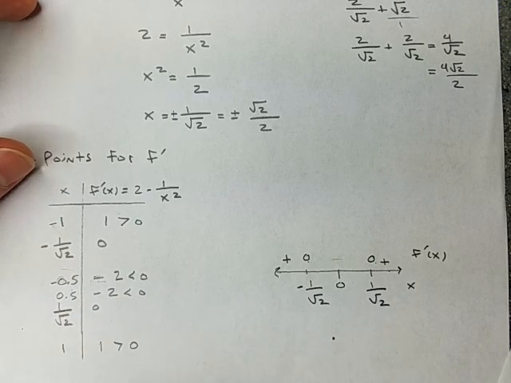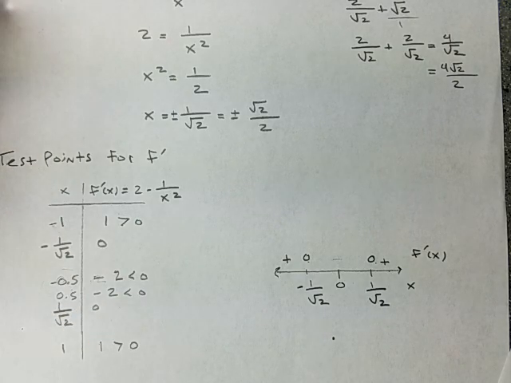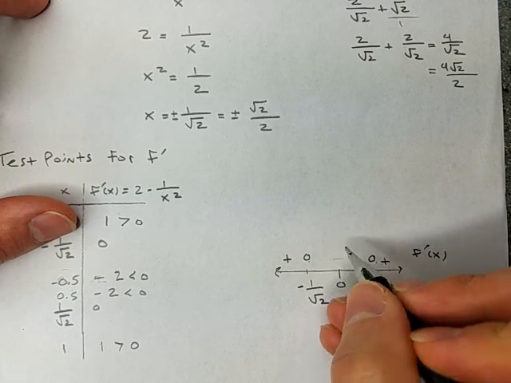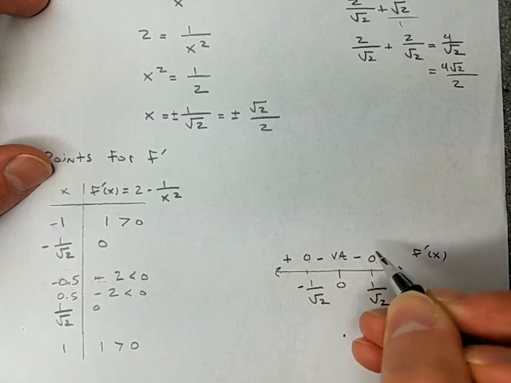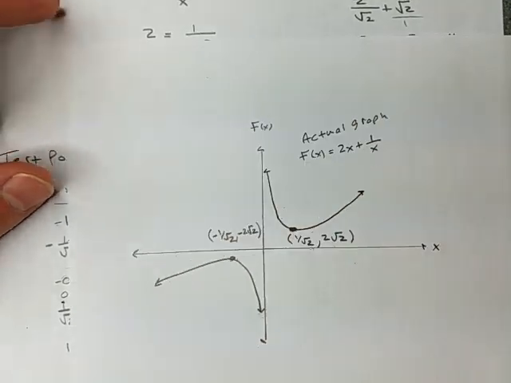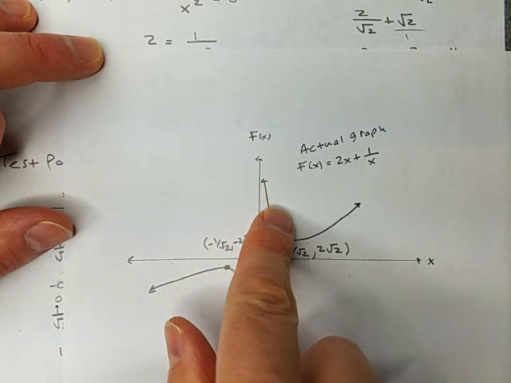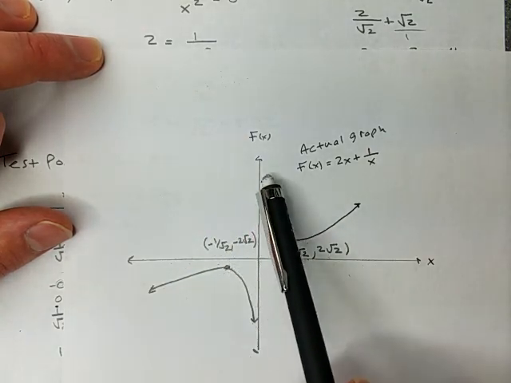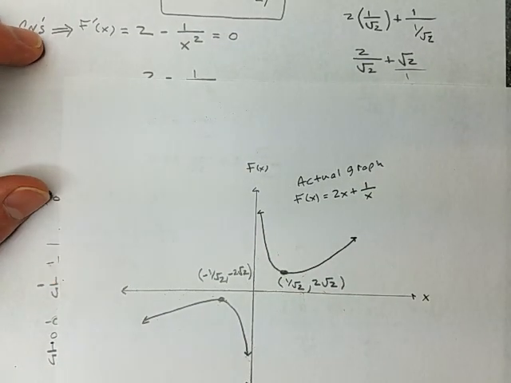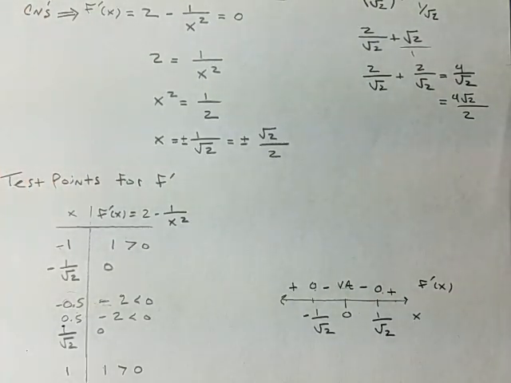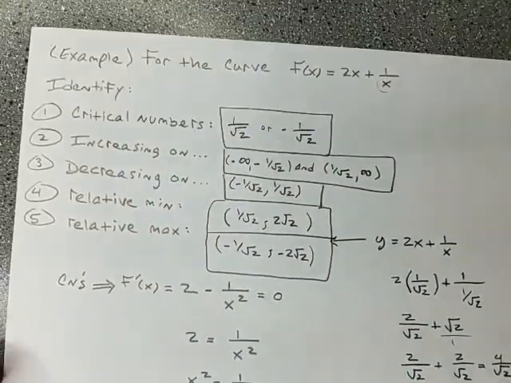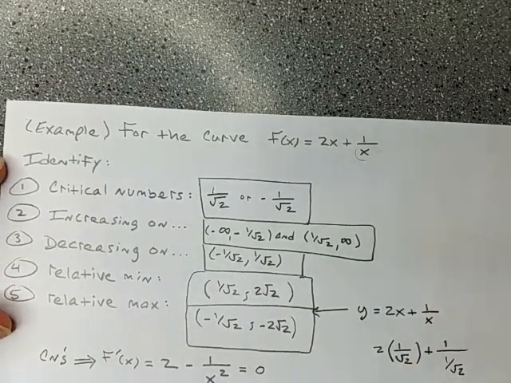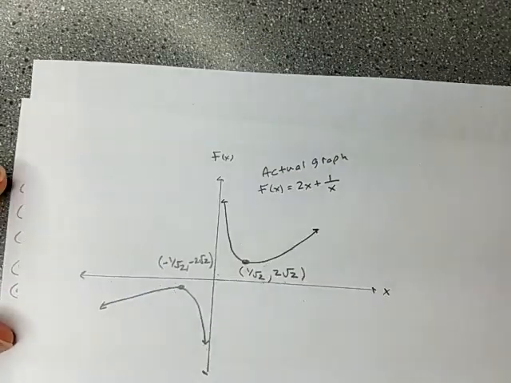It's not one that leads to a local or relative max or min, but there's a vertical asymptote at 0. And it's falling on either side of that, okay? All right, so yes, falling here, falling there. It's going downward in each case. But that's what the actual graph looks like. I thought it'd be nice for this one to elaborate a little bit more about it, as that being a kind of a nuanced detail about it. Anyway, but there's my final answer for all the specs for it, and that's what the actual graph looks like.